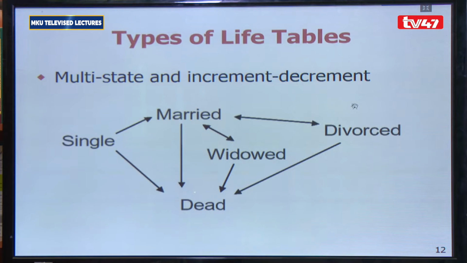Then we have multiple state, or increment-decrement table. So this one will not only try to observe a certain population, those that die from a certain illness, but we'll also try to look at those that change from one state in life to the other, for example, marriage, and those that change from one location to the other.